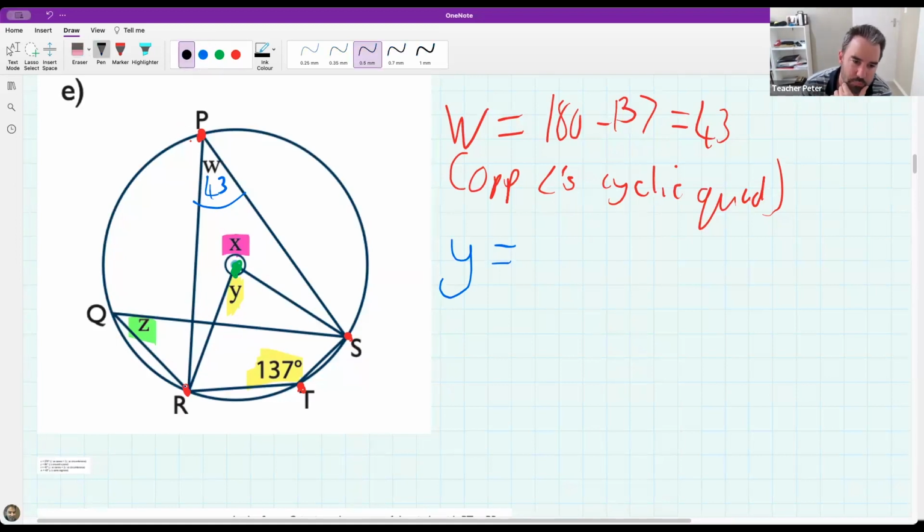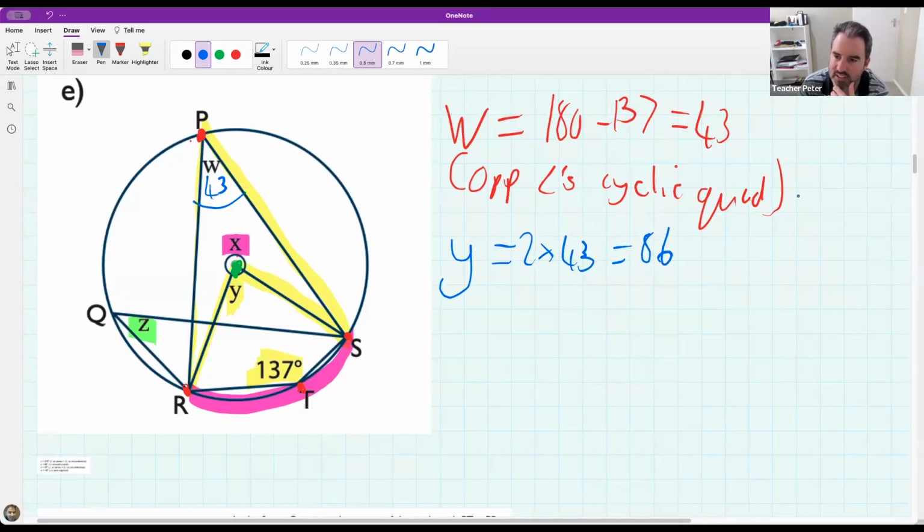So I think what Buchler is thinking is that if I imagine this arc here, it is going to make an angle here, and it's also going to make an angle there. Or what we say is the angle at the center is twice the angle at the circumference. And so we would then say this is 2 times 43 or 86.